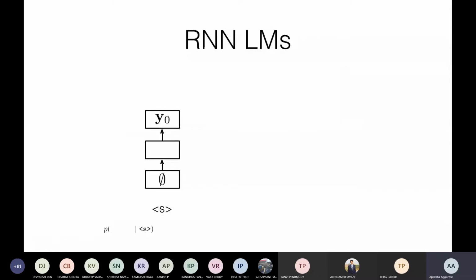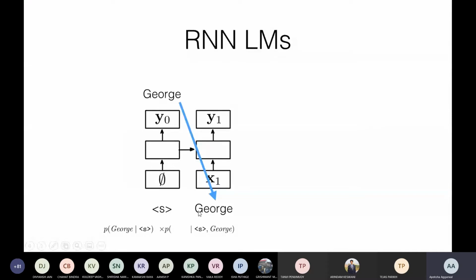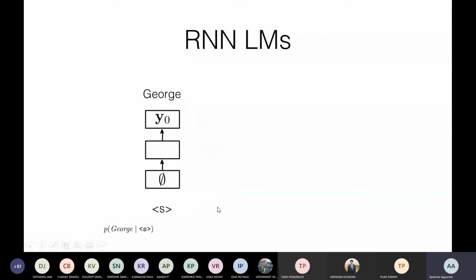This is language modeling. We have seen in the last class that this was the first sentence. It outputs the probability of the next word occurring, that is George, given the start token. There are two tokens, starting and ending, and if you have only one sentence there is only an ending token. So given the start, the next word is George, what is the probability?